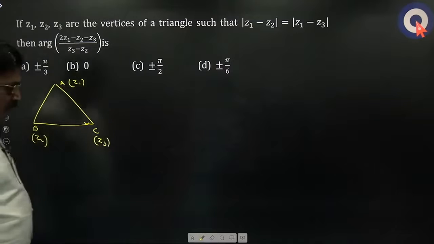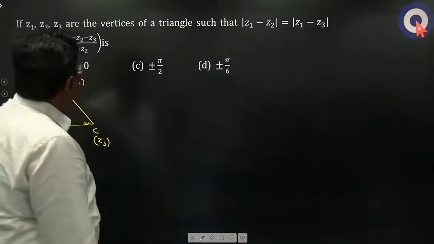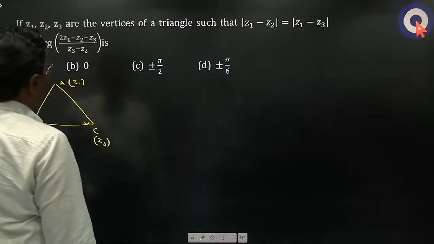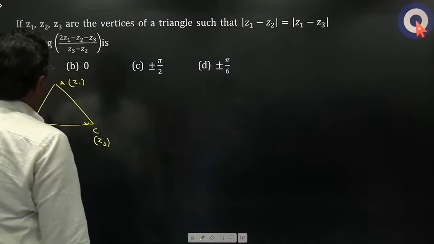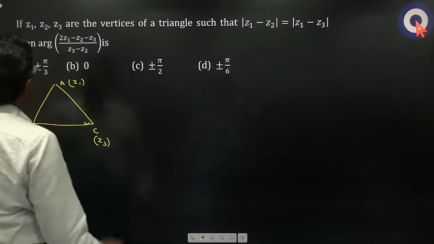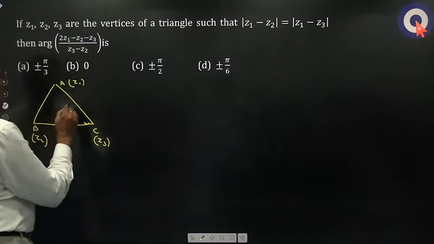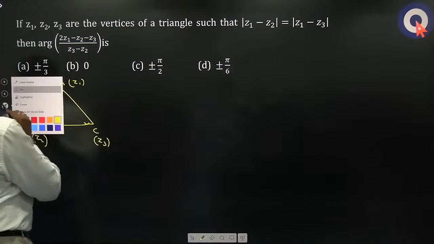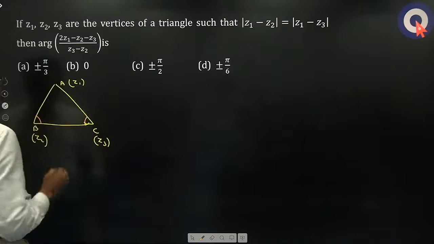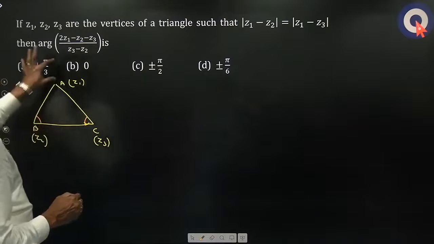Z1, Z2, Z3 is the triangle to be considered here, and mod of Z1 minus Z2 is equal to mod of Z1 minus Z3. So what is given is that these two sides are the same. Therefore these two angles are basically the same. All right. So then the argument of these things.